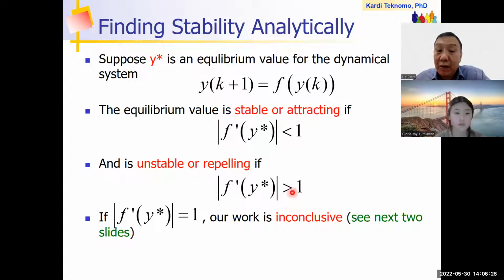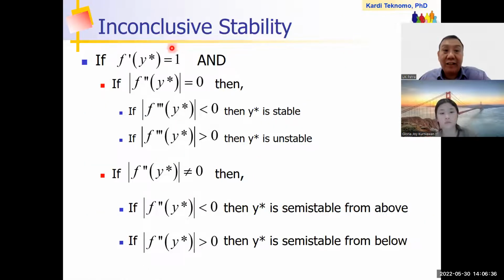If larger than 1, it is unstable or repelling. But if it is exactly 1, you don't know. It is inconclusive, so you check the second derivative and the third derivative. If exactly 1, this is more complex, so you need the first and second derivatives to get this criterion.